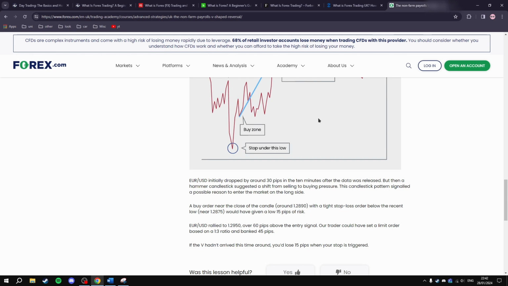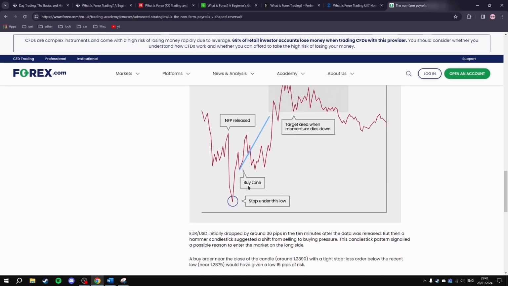So EUR/USD initially dropped by around 30 pips in 10 minutes after the data was released. So you can see that's here. But then a candle, and remember 30 pips is the fourth digit, I think. But then a hammer candlestick suggests a shift from selling to buying pressure.